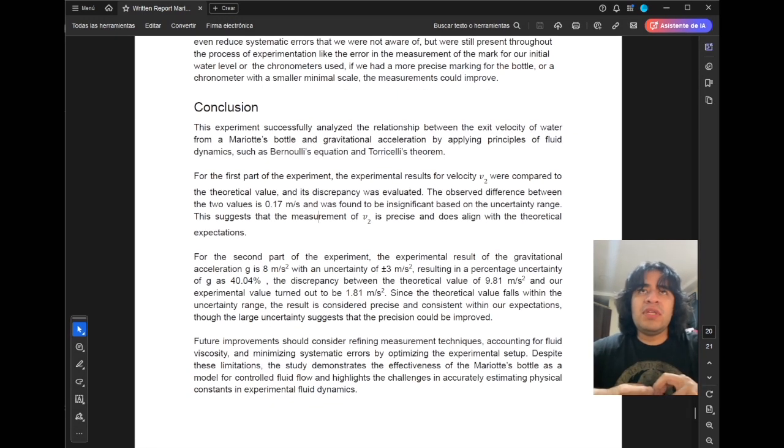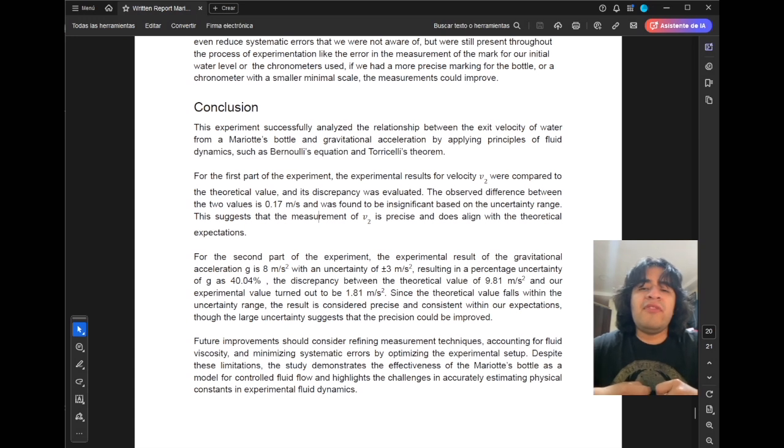Finally, through this experiment, we validated key principles of fluid dynamics using the Mariotte's bottle. Our results show that it is possible to obtain valid experimental values for the velocities involved in the experiment, and in the same way, we could determine a good experimental value for gravitational acceleration.